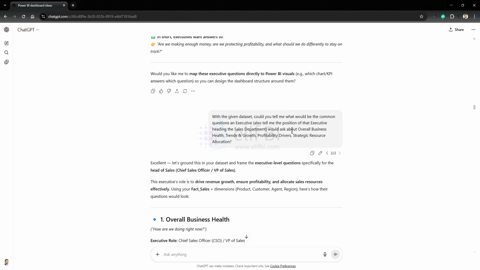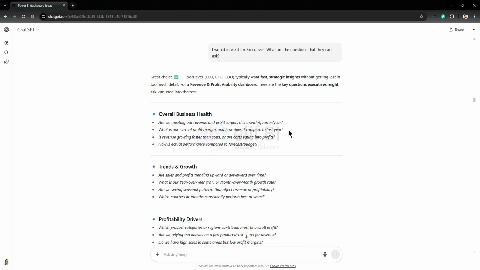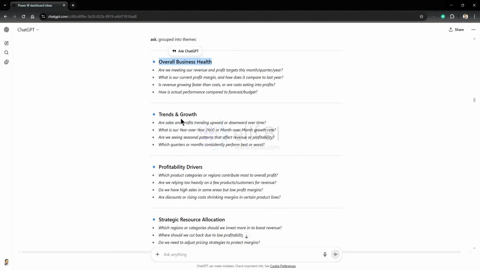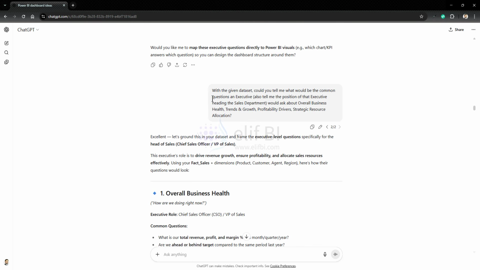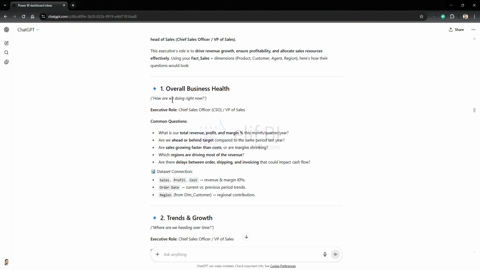And also I'm telling it what type of questions I want to keep. For example, the overall business health, trends, profitability drivers, and the strategic resource allocation. I'm not talking about the future outlook. So here I've asked this, and then here it starts to tell me the common questions and also its relation with the data set.